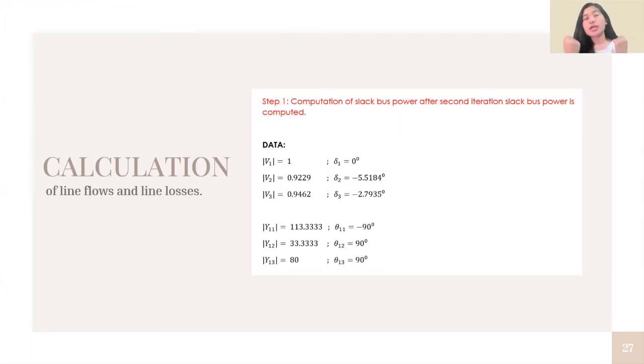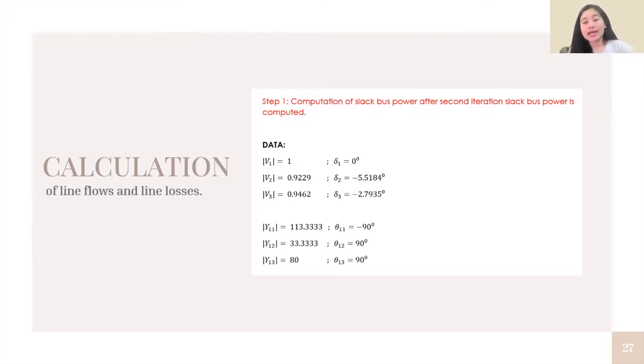But kailangan nating mamili kung alin do sa dalawa ang isolve for line flows and line losses. Kasi kahit isolve natin both, almost similar din naman yung magiging answer. So we just pick the Gauss-Seidel values for V2, V3, delta 2, and delta 3 so that isang method lang yung pinagkuhanan natin ng values. Pero technically, they're just the same, okay?